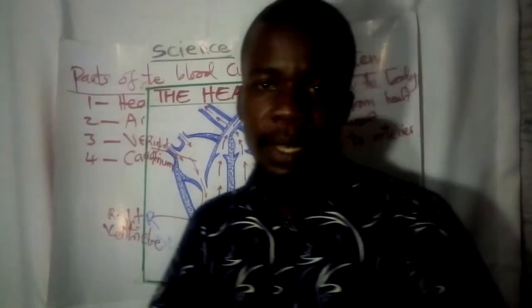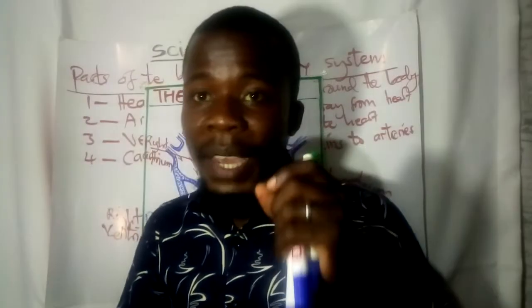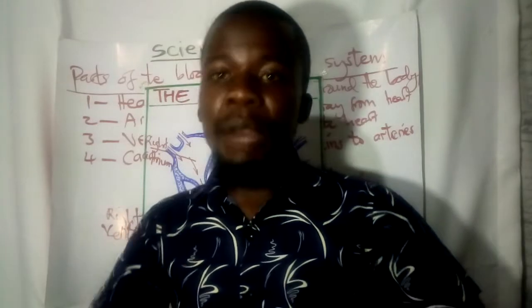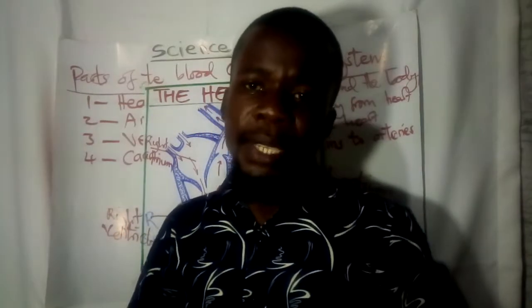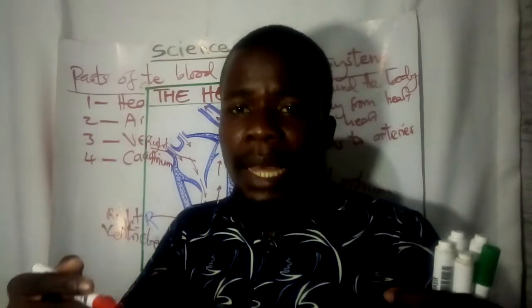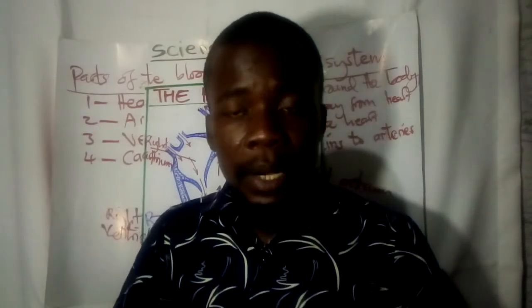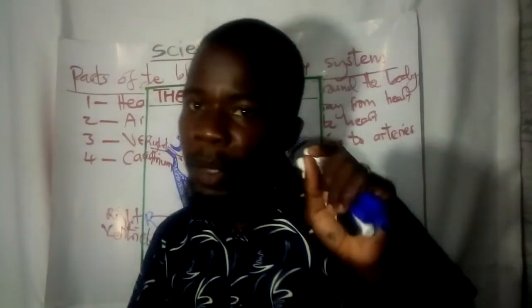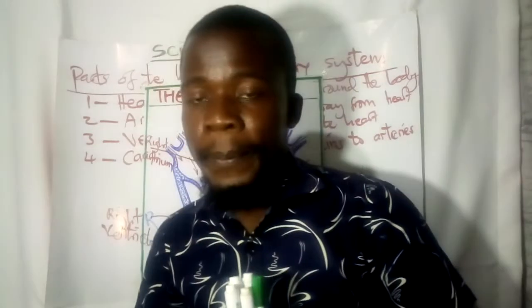All right. Now we have said the function of the heart is to pump blood around the body. Let me tell you this. Blood that comes from all parts of the body gets into the heart through the posterior and the anterior vena cava.